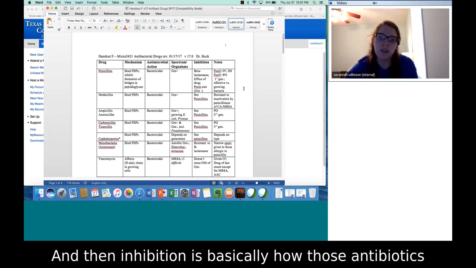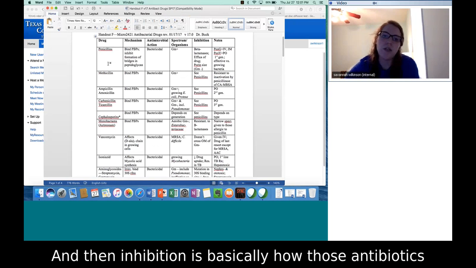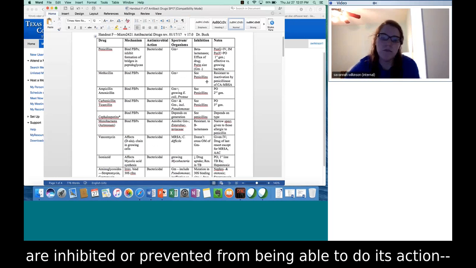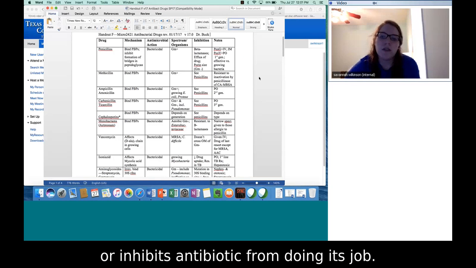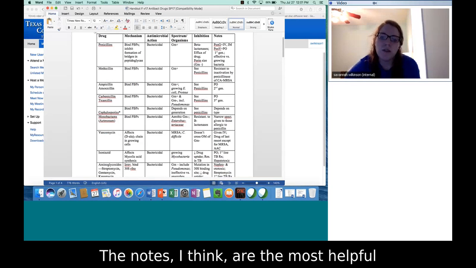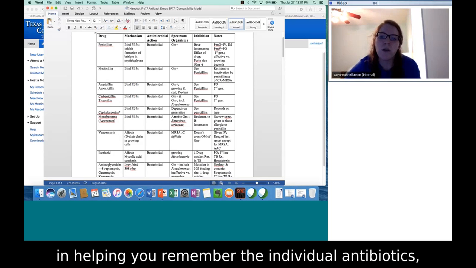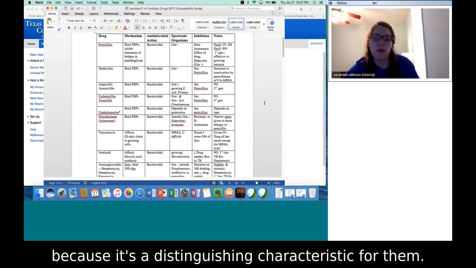And then inhibition is basically how those antibiotics are inhibited or prevented from doing their action, or basically how something blocks the antibiotic from doing its job. The notes, I think, are the most helpful in helping you remember the individual antibiotics, because they're a distinguishing characteristic for them.